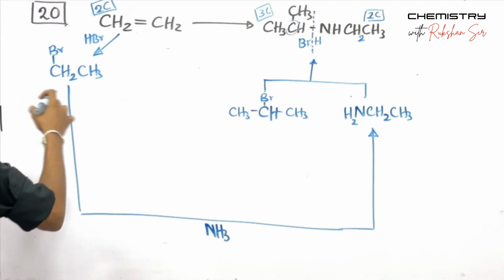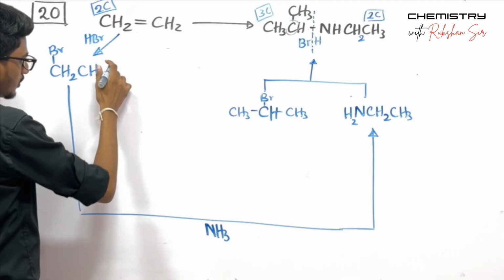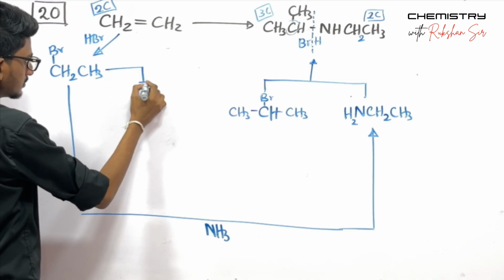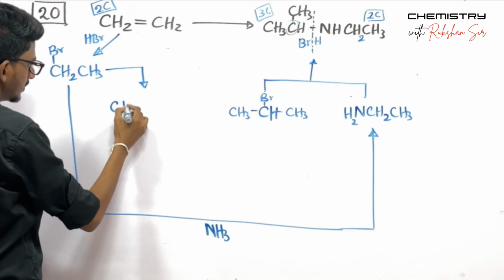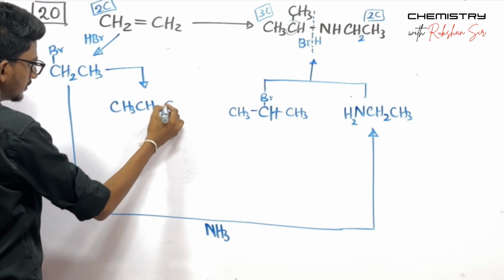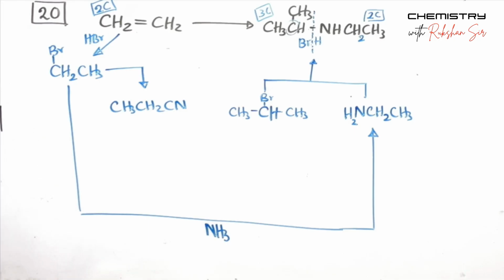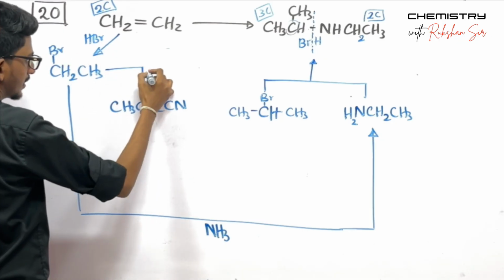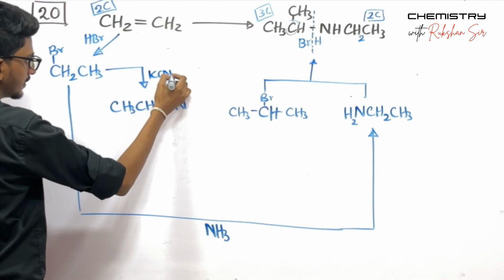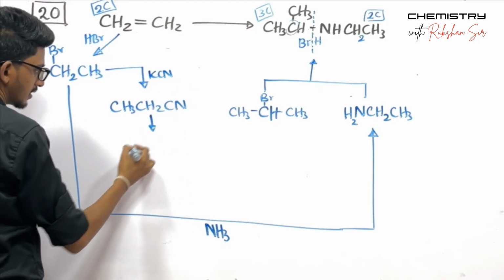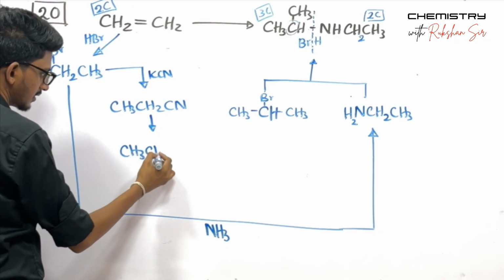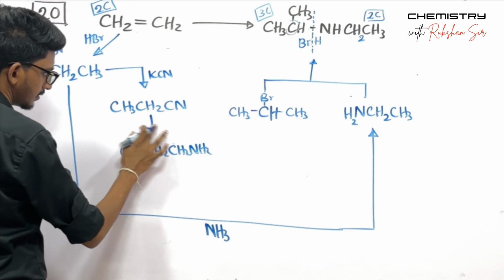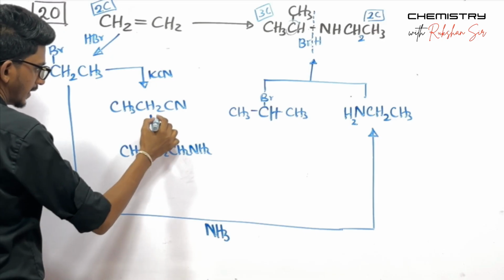From this one you can add a cyanide. This can be done with the use of KCN. Cyanides can be converted to familiar compounds like this by adding lithium hydride.